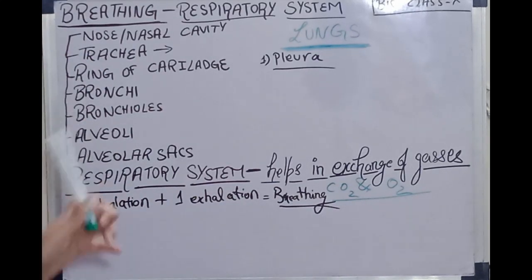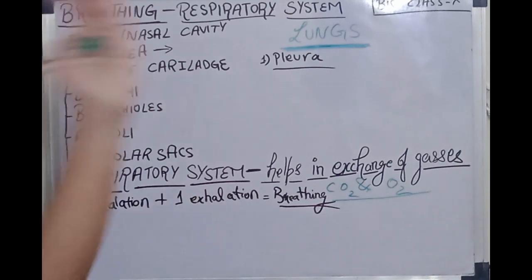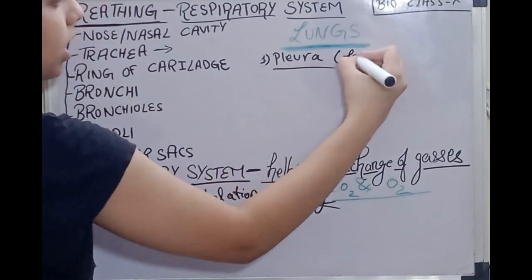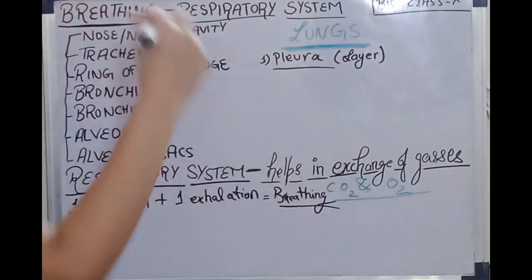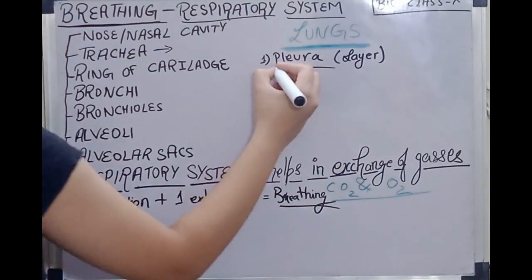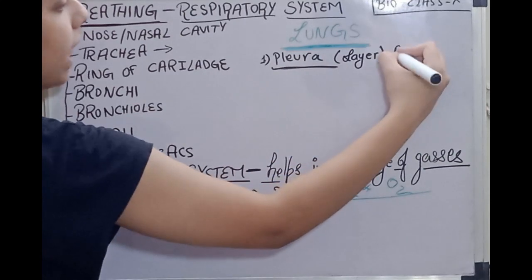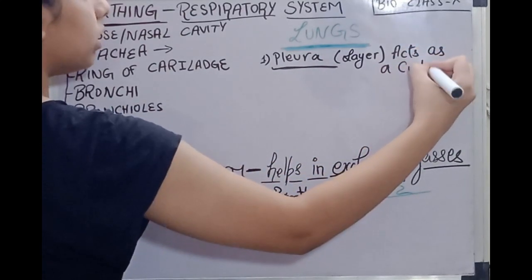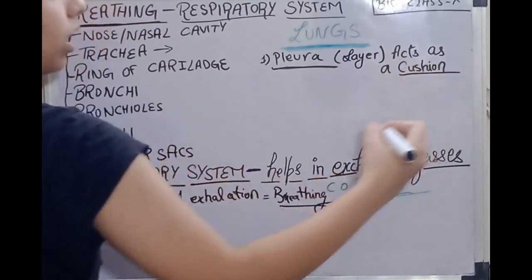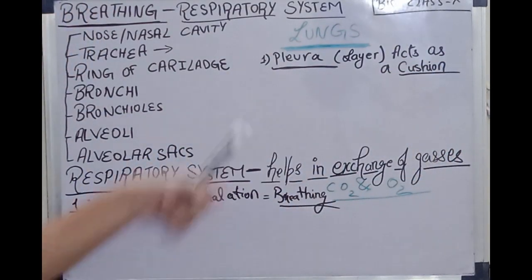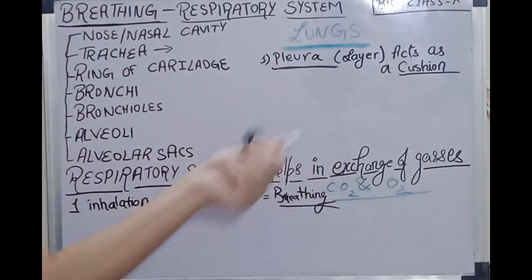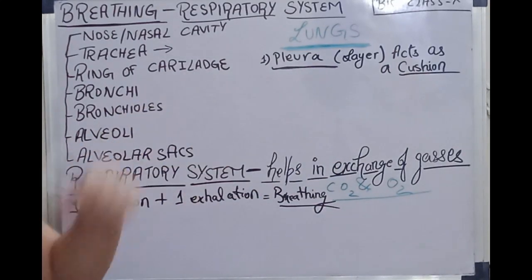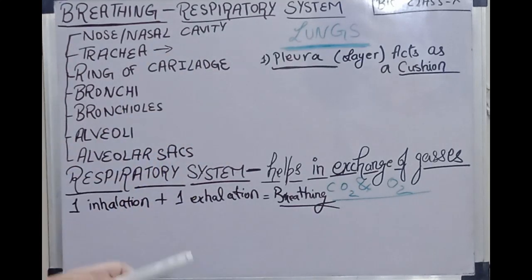Okay, so pleura is nothing but a layer around the lungs. Lungs के around एक layer होती है, that is known as pleura. It acts as a cushion for lungs. Please do write it down, I have no space here.